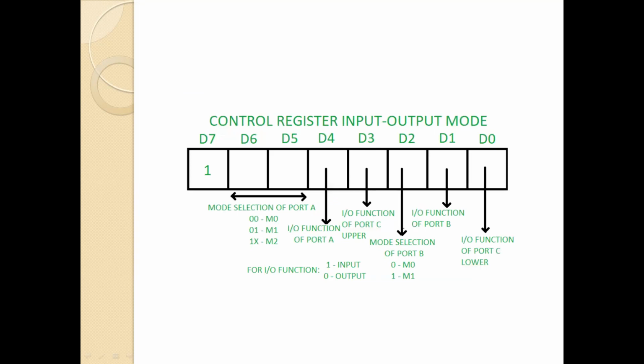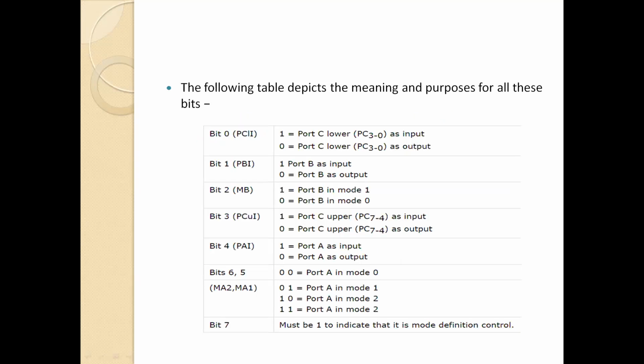Now here we can see the control register of the input-output mode. This is again an 8-bit register. The functions of this control register are depicted in detail in this table.